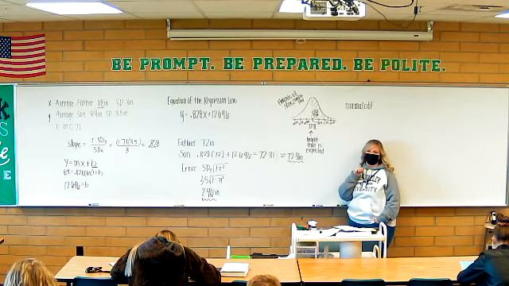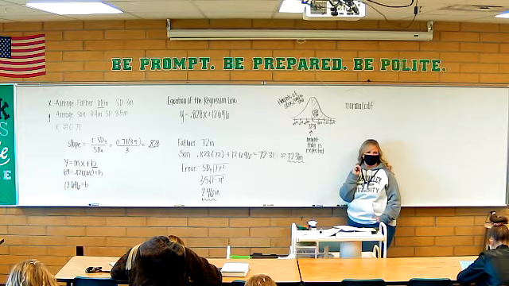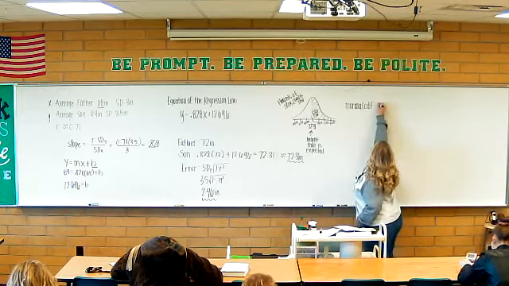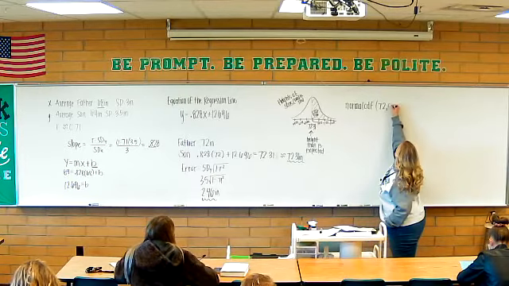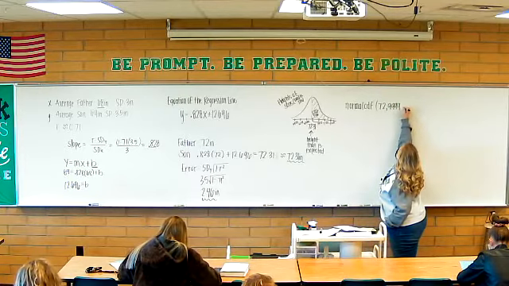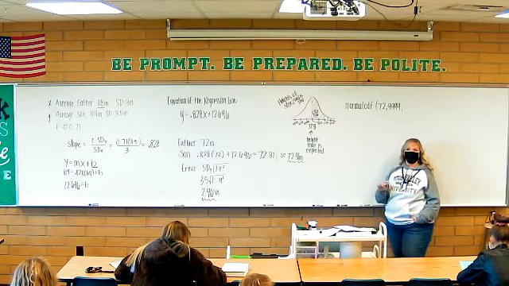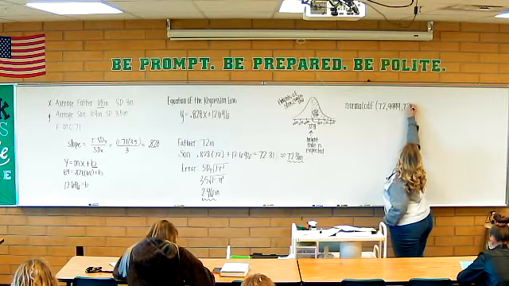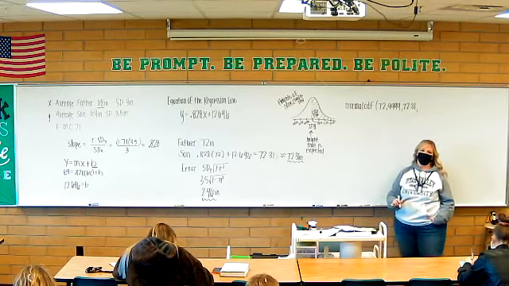Normal CDF. So can you tell from looking at my picture what the low end is? 72. What's the high end? Good. What is the average? 72.31. And what's the SD?